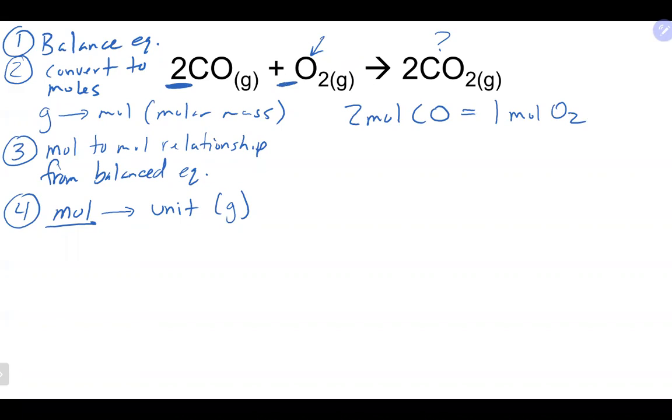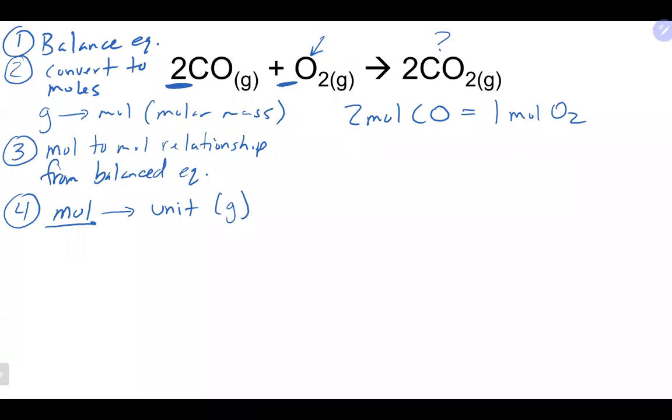So we could say that 2 moles of CO is equal to 1 mole of O2. It is not equal to each other in terms of 2 equals 1, which clearly it doesn't. It is equal in terms of the proportion of CO you need to throw in with O2 to produce a certain amount of product.